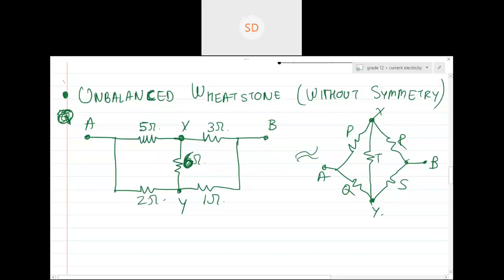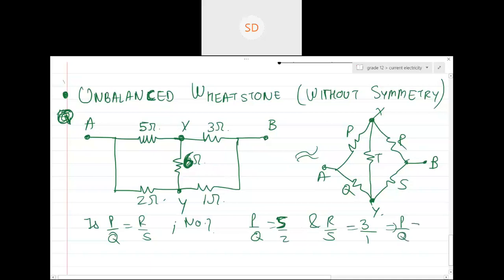Is P by Q equal to R by S? No, sir. So answer should be no, because P by Q is basically equal to 5 by 2, and R by S is basically equal to 6 by 1. So they are not equal, right? Yes or no guys?